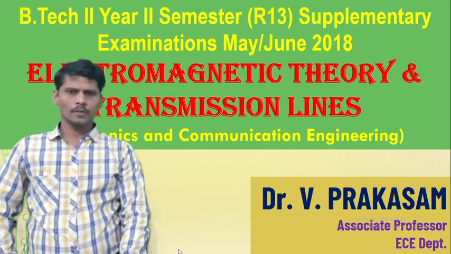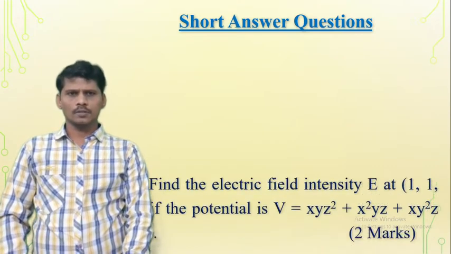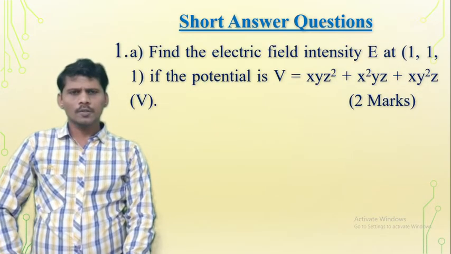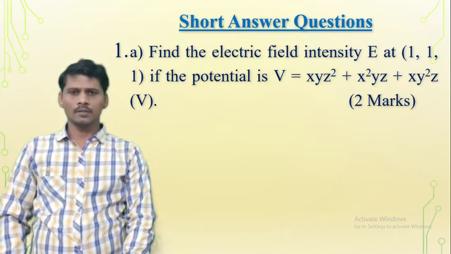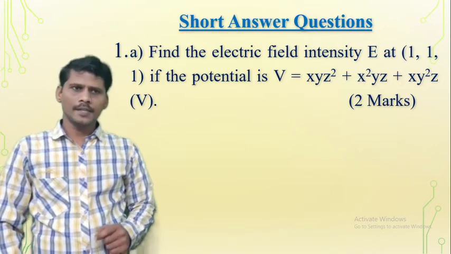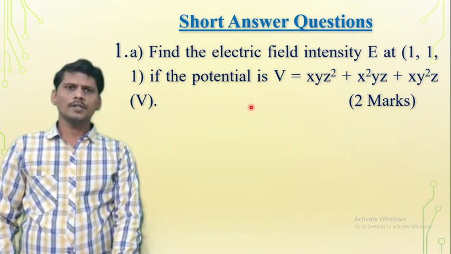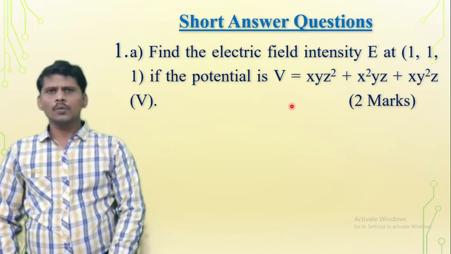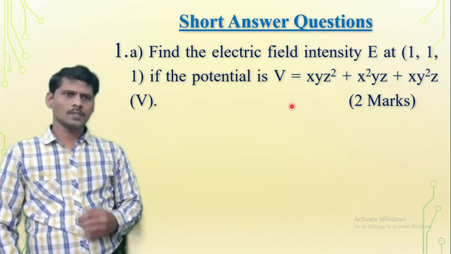So first we are going to discuss short answer questions. What are the short answer questions in this unit? In this year, the short answer questions in unit 1 are: 1a, find the electric field intensity E at 1, 1, 1 if the potential is V equal to xyz square plus x square yz plus xy square z.